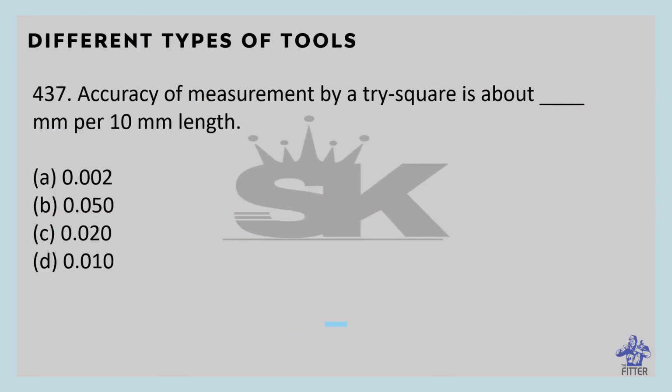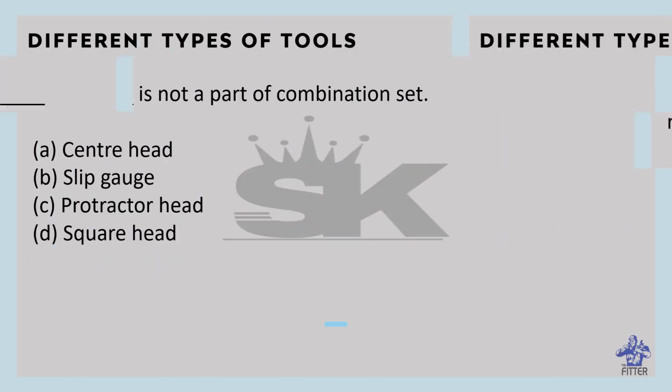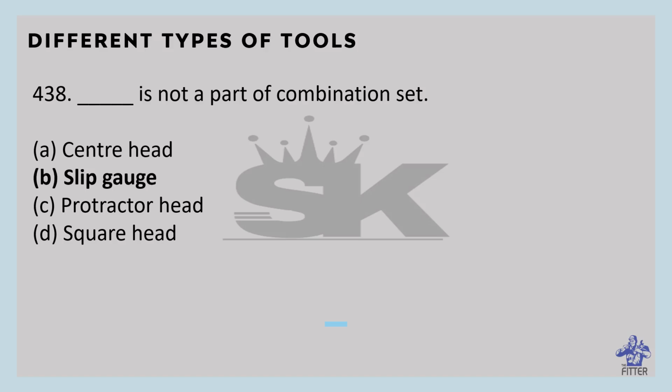The accuracy of measurement by a try-square is about 0.002 mm per 10 mm length. Which is not a part of the combination set? That is the slip gauge.